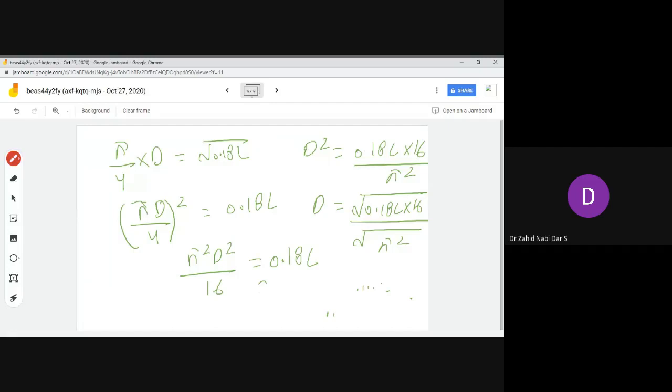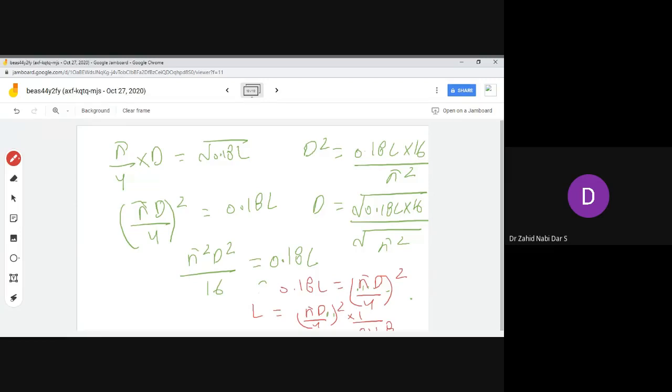See, 0.18 L is equal to pi d by 4 whole square, or in other terms L is equal to pi d by 4 whole square into 1 by 0.18. So this thing we can also write, and once we write this, we get L in terms of D.